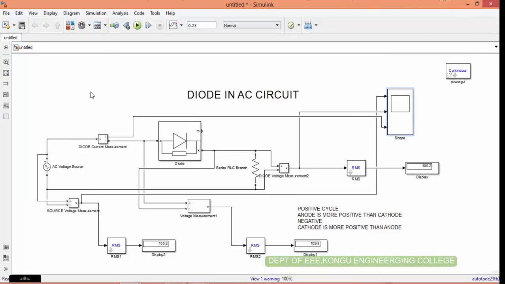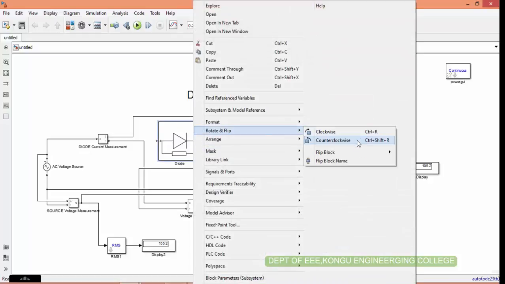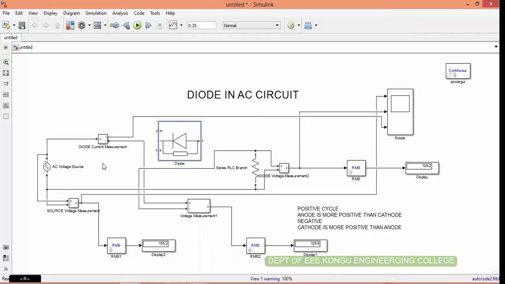Now let us see what will happen if I change the connection between anode and cathode. For that, first let me disconnect it and flip the blocks.